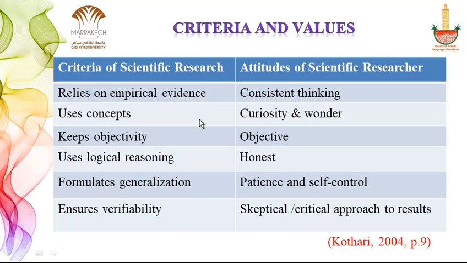discussion. Research is called scientific only if it relies on empirical evidence. Empirical evidence means that it features realistic and concrete data in an experience. It also uses concepts and abstract ideas that are converted into observable data, such as school performance.